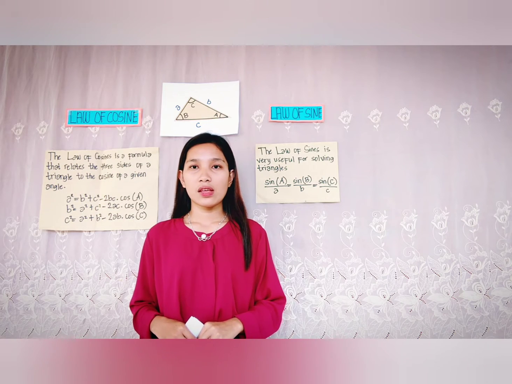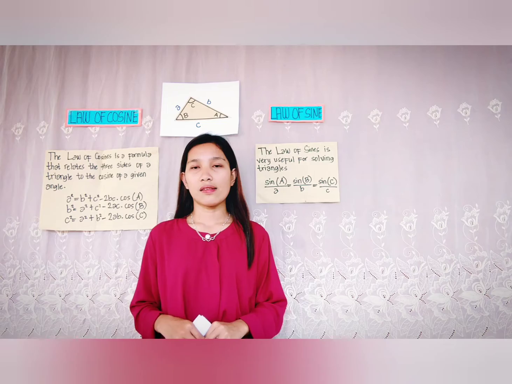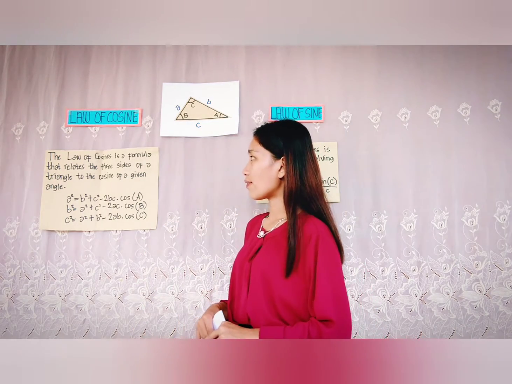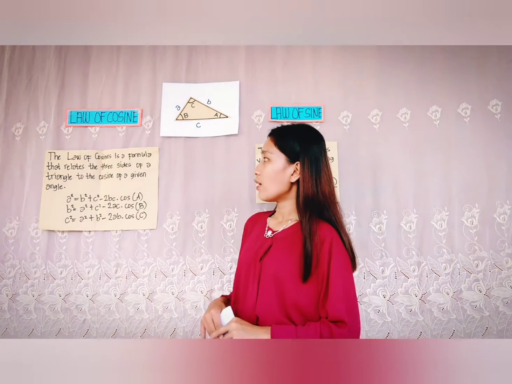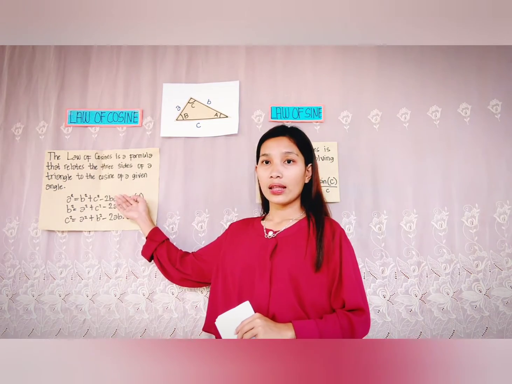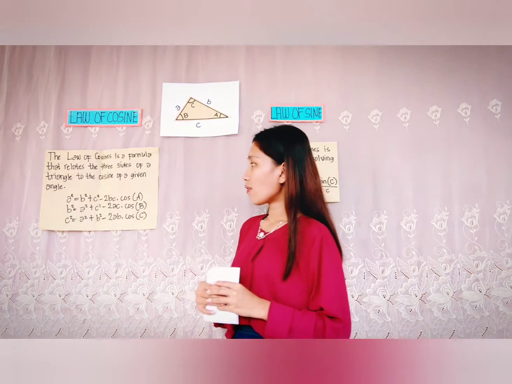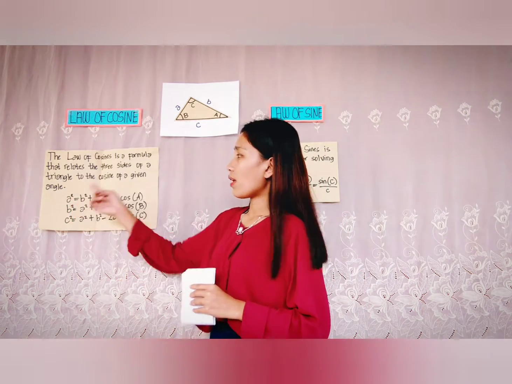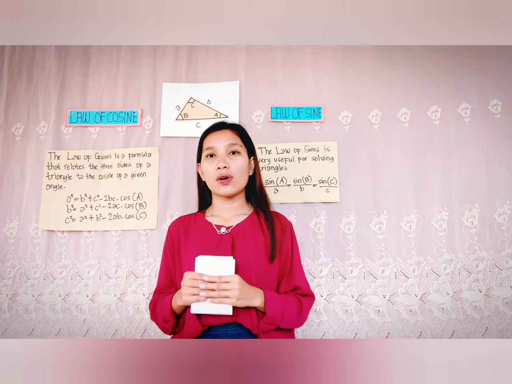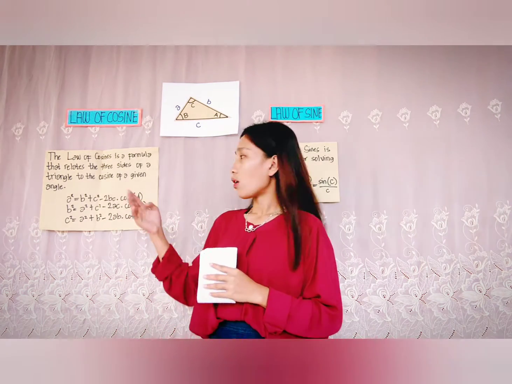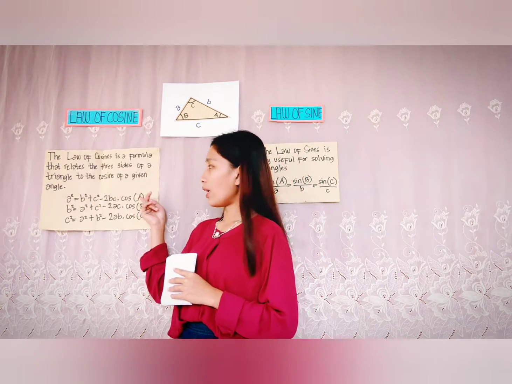And now let us proceed to the formula of law of cosine and sine. Okay, the law of cosines is a formula that relates the 3 sides of a triangle to the cosine of a given angle. So in finding side a, we can use this formula: a squared is equal to b squared plus c squared minus 2bc times cos A, which is the angle.